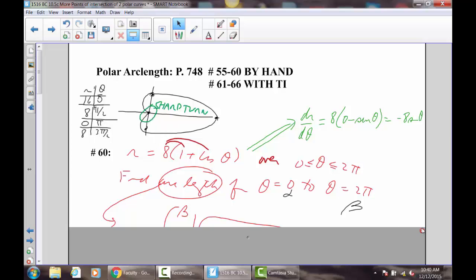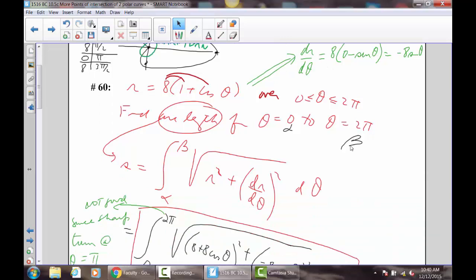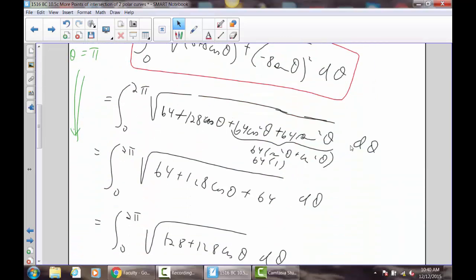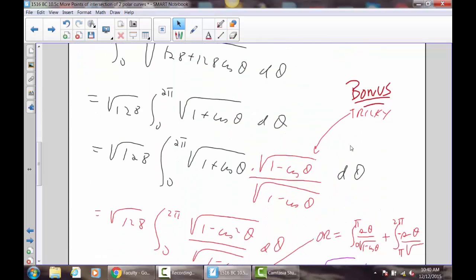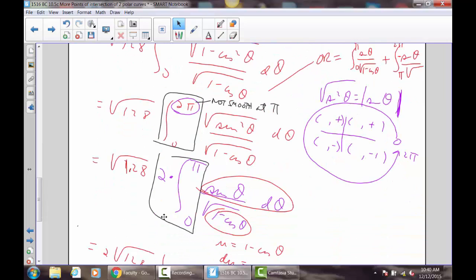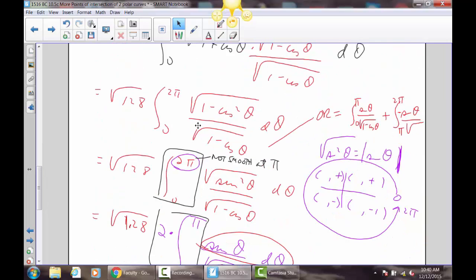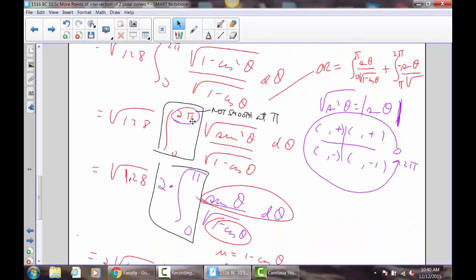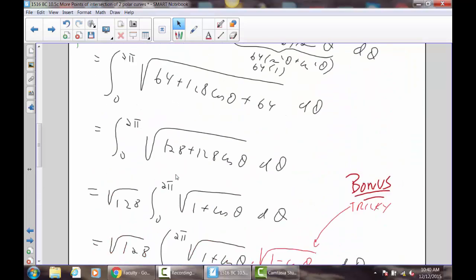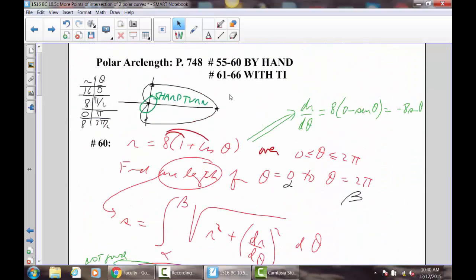So because of the sharp turn, although you would like to do 0 to 2 pi, because it's not smooth at pi, meaning it has a sharp turn at pi, you are going to have to do 2 times 0 to pi. And as you can see from the shape of the figure, it is symmetric with respect to the polar axis, so we'll be fine.